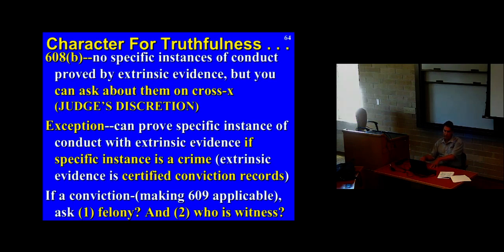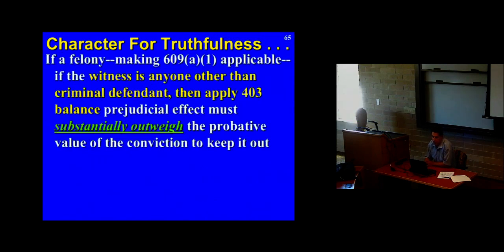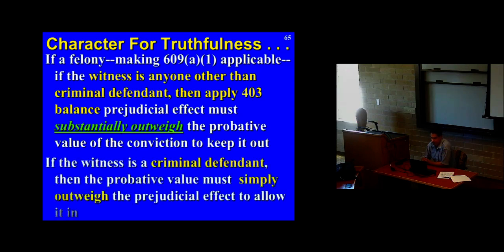Like, is it a felony, and who is the witness? So if it is a felony, which makes Rule 609(a)(1) applicable, then you apply the standard Rule 403, right? The Rule 403 standard is if the probative value of the conviction is substantially outweighed by the danger of unfair prejudice, then you would keep it out, right?